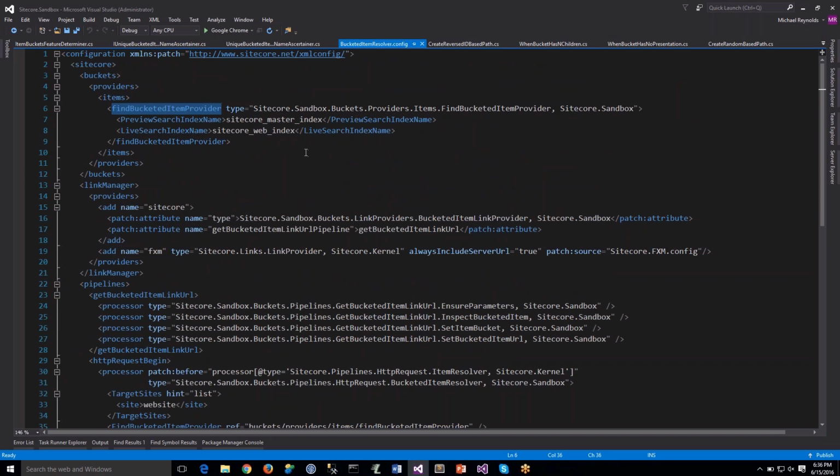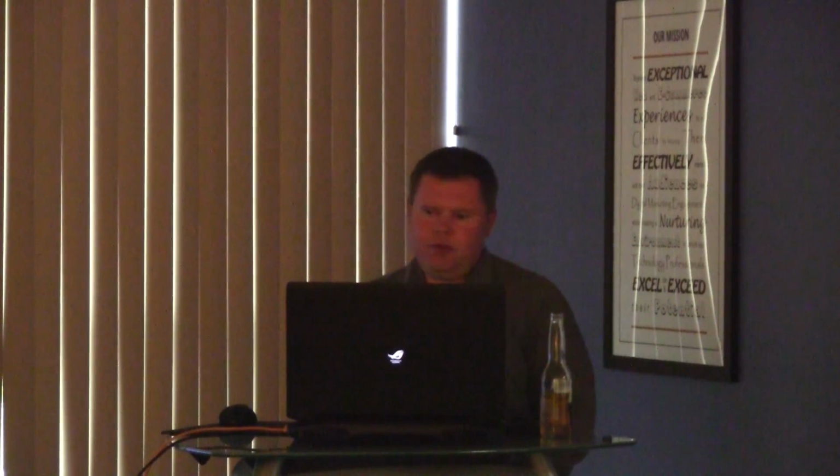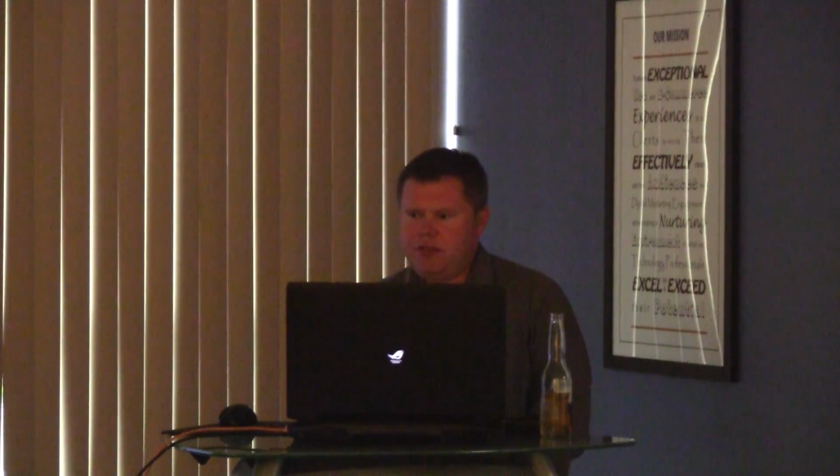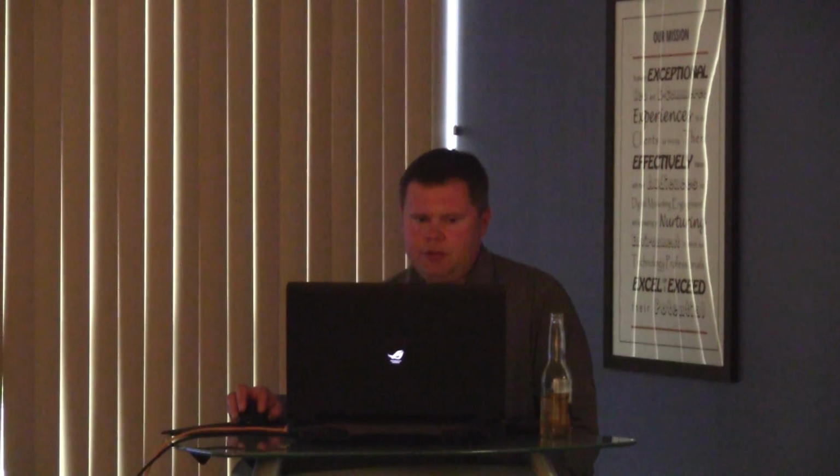So we have this guy here called find bucketed item provider. And setting up a structure like this to instantiate it. One thing I probably should have done was put the single instance equals true attribute on this, and then it becomes a singleton inside the container. I wasn't thinking when I wrote this. Because every time this thing's called, it's getting instantiated, and you want it to be instantiated once, because it's being used.